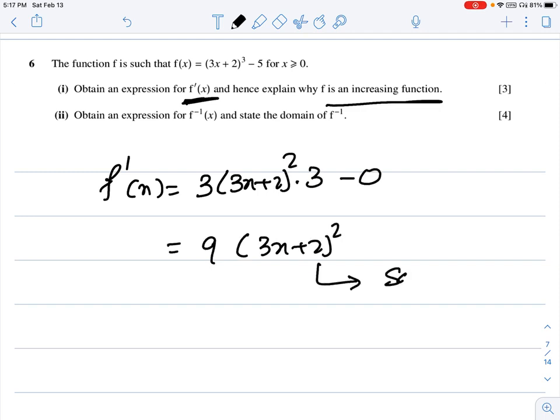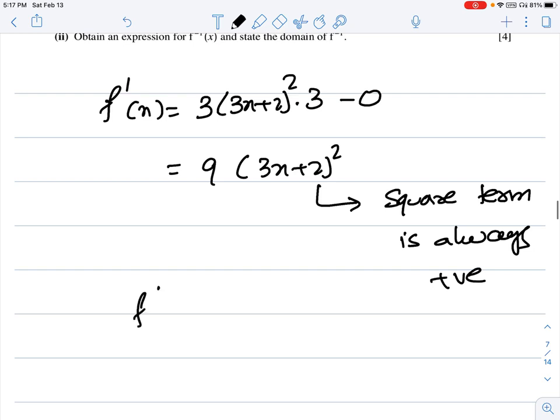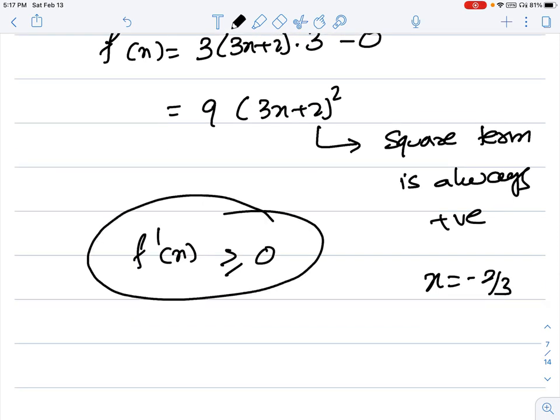We have learned that a square term is always positive. So f prime x is always greater than or equal to 0. Why equal to 0? When x is equal to minus 2 by 3, it will be equal to 0. So first derivative is always positive, means it is an increasing function. As simple as that.